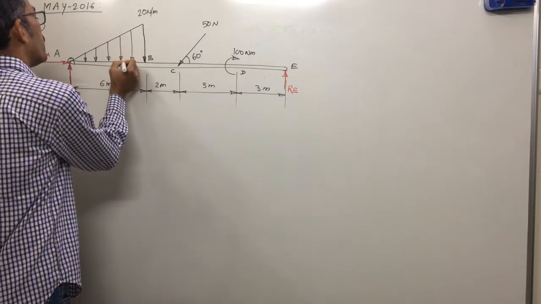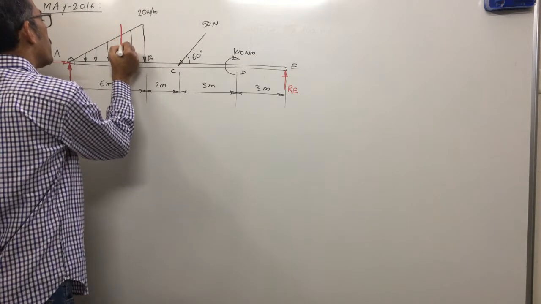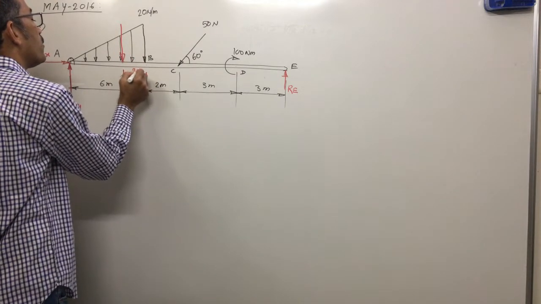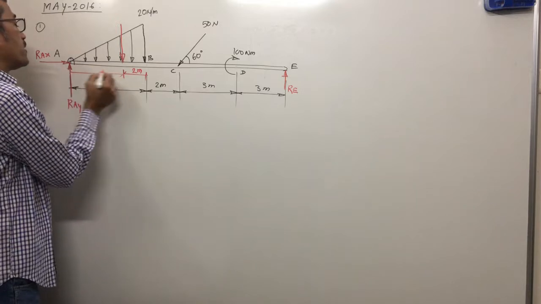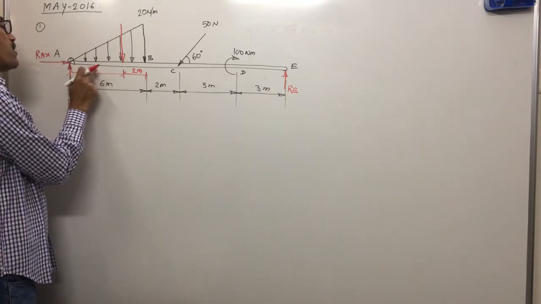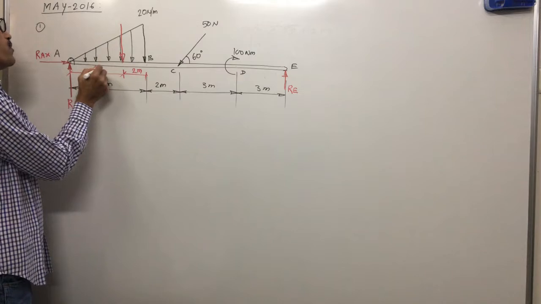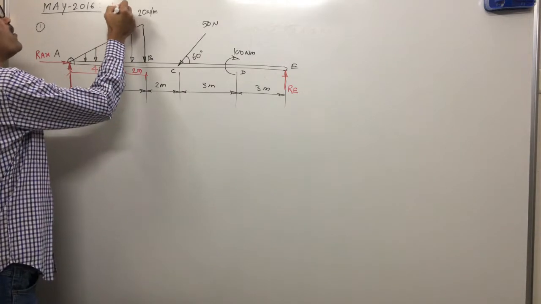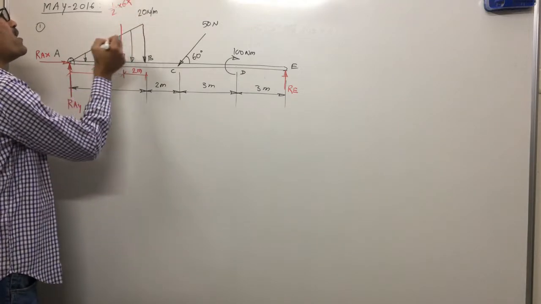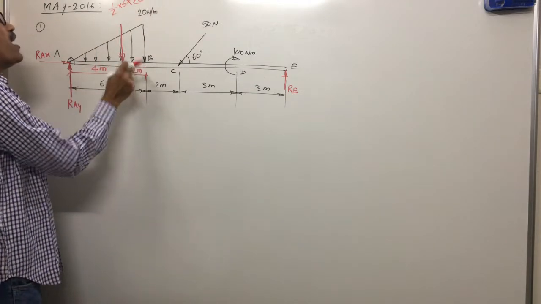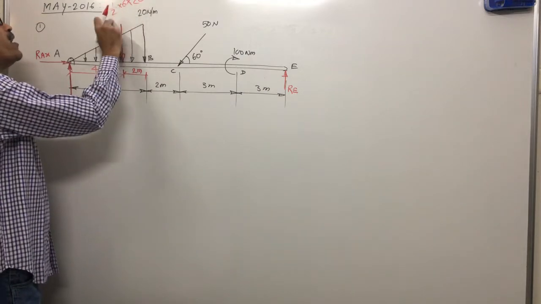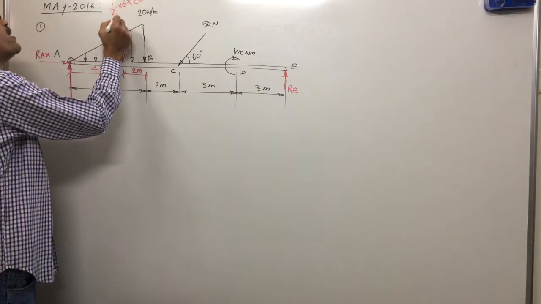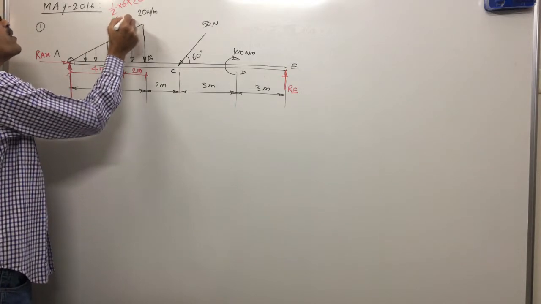From end B, 1/3 of 6 is 2 meter, and the remaining distance is 6 minus 2, 4 meters. The magnitude of the load is half times base L times W, WL by 2, which is 20 into 3, 60 Newton.